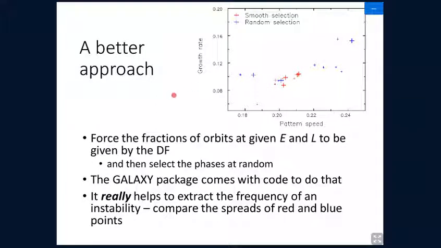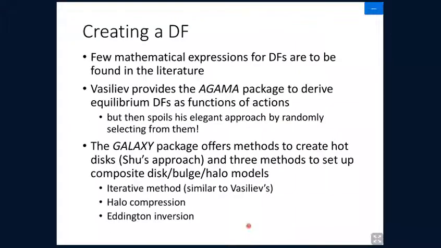So you're going to get a much closer, more faithful behavior of the model if you select particles in this way. And it doesn't seem to matter very much how you select the particles in phase. So please, if you're going to set up equilibrium models, please try to use this method, because if you use the random approach, which most people do, you will seed your model. Your model will be a much worse initial model to start from.